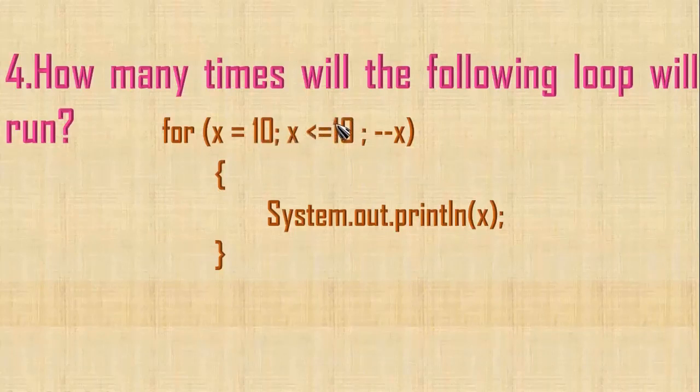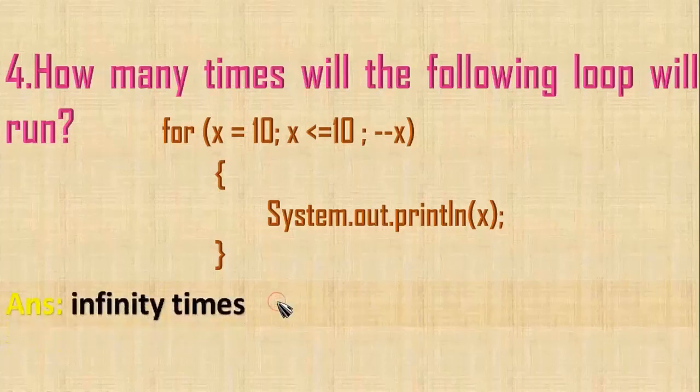So this is true, and then it prints 10, and then later it becomes 1 lesser than that. So what happens? It is 9. So when it is 9, again it is true, it will print. Decreasing 1, always it will be true. So it will run infinity times.